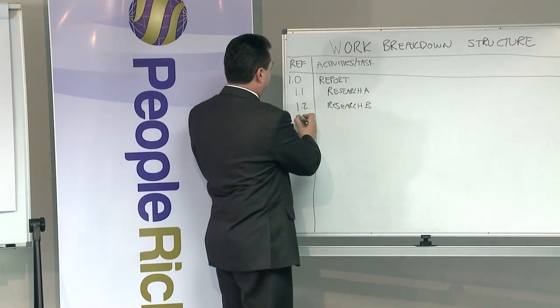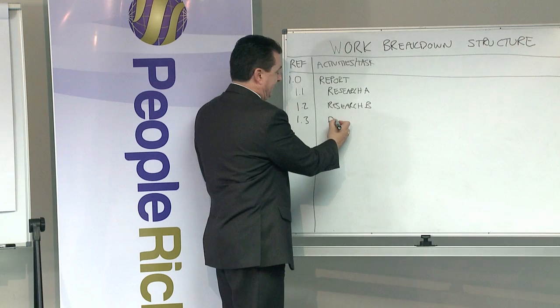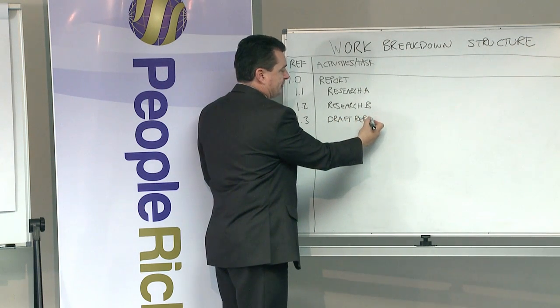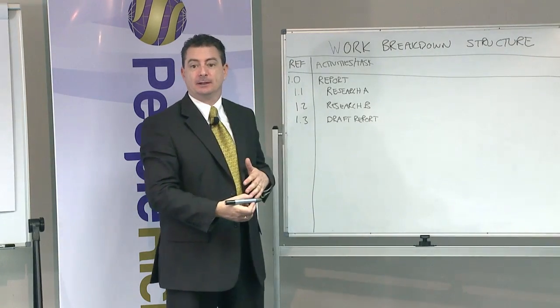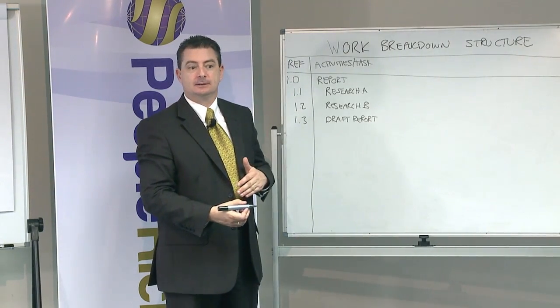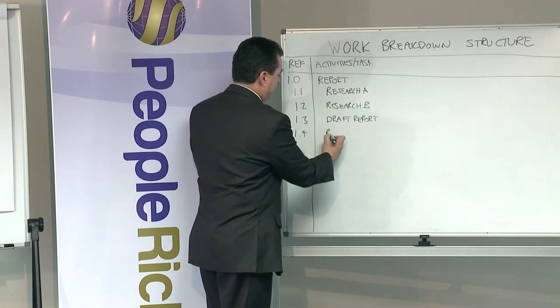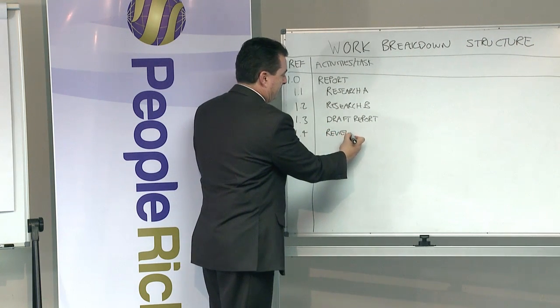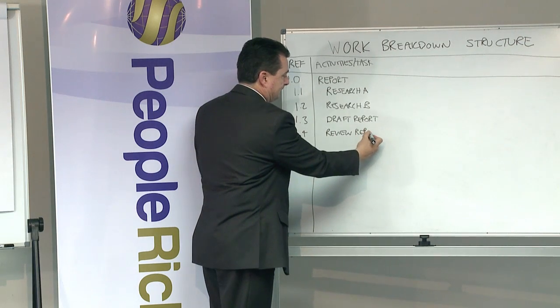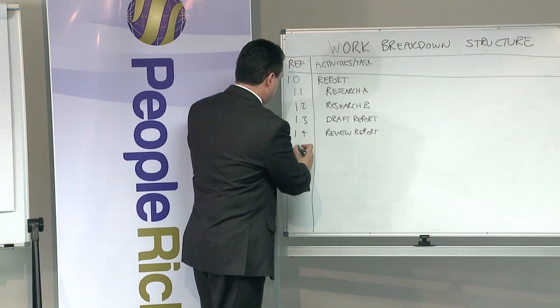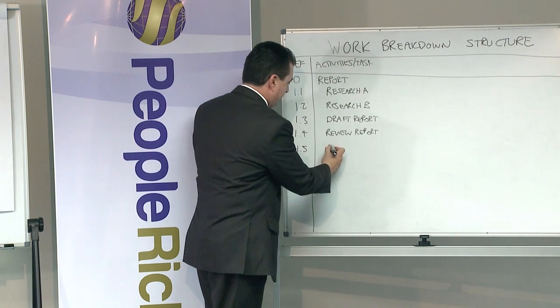Once we're doing the research, we might then start drafting the report. So you put draft report. Once you draft a report, what do you then typically do with it? Yep, you review it. Excellent. So we go 1.4, review the report. After you review the report, what do you typically do with it? Yep, you have to update it. So we'd update it after getting all the feedback back.